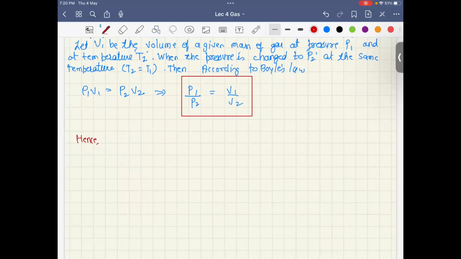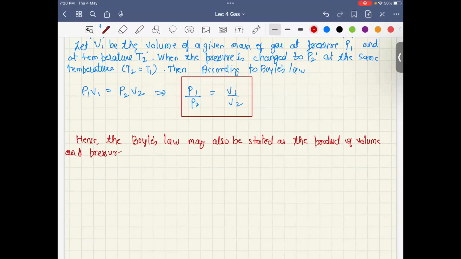Hence, Boyle's law may also be stated as the product of volume and pressure for a given mass of gas at constant temperature is constant.